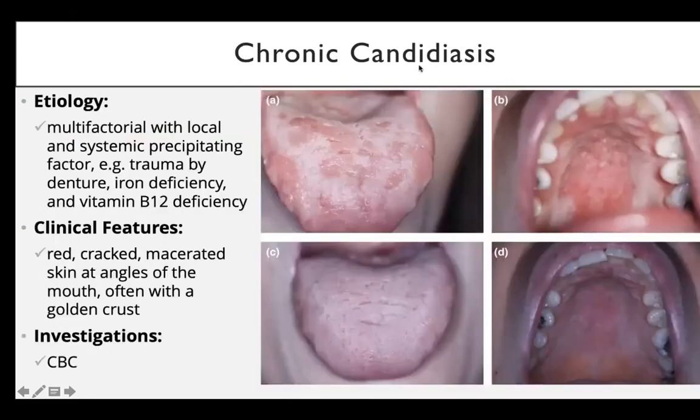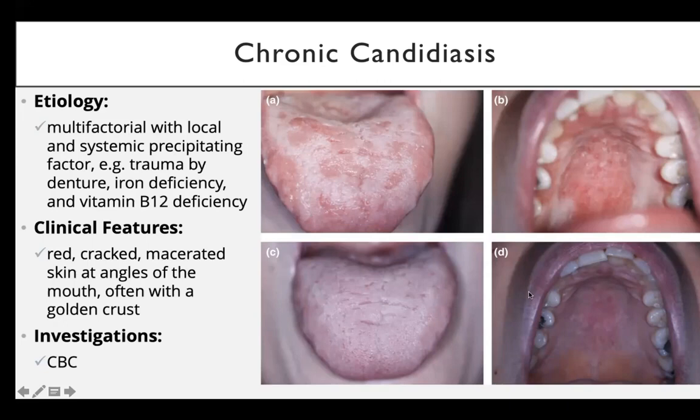Next, chronic candidiasis is chronic and multifactorial, with local and systemic precipitating factors caused by trauma, denture, iron deficiency, vitamin B12 deficiency. It's a chronic state, not acute anymore. We have red, cracked, macerated skin at the angles of the mouth, and the tongue is crusted and cracked.